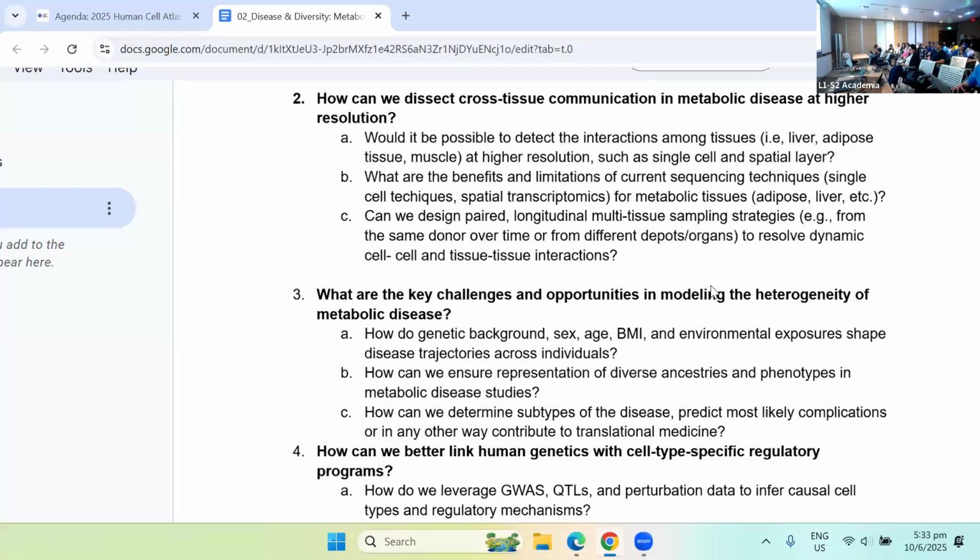For example, perhaps every study would potentially have sex and age and maybe ancestry. I'm not sure. So there are different levels of metadata, as one of the audience has mentioned.